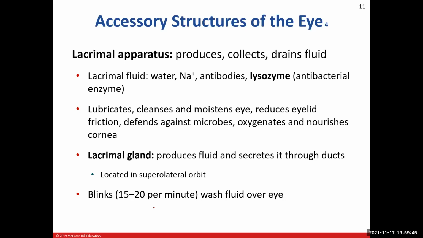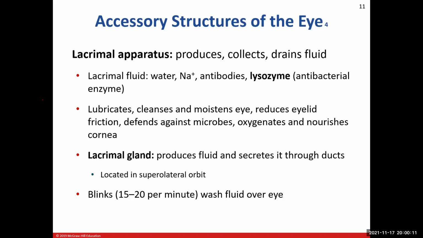And so our lacrimal fluid is produced by the lacrimal gland, which is located in the superior lateral portion of your orbit, and that's going to be controlled by cranial nerve number 7. That's going to help to stimulate the secretion for that. But the purpose of the lacrimal fluid, the primary, like I mentioned, is to help lubricate, clean, and moisten the eye and protect it from infections.